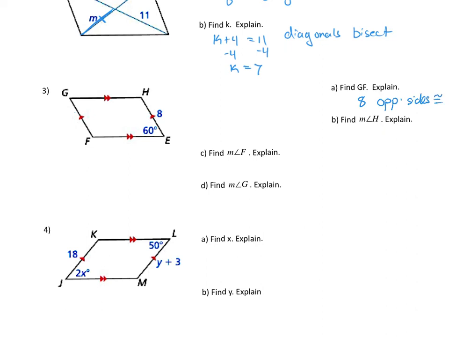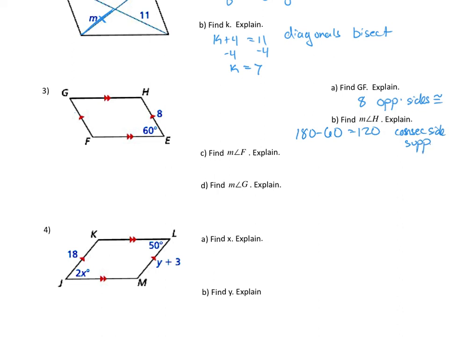Find the measure of angle H. If E is 60, to find H, since they are supplementary, I do 180 minus 60 gives me 120 because consecutive angles are supplementary.